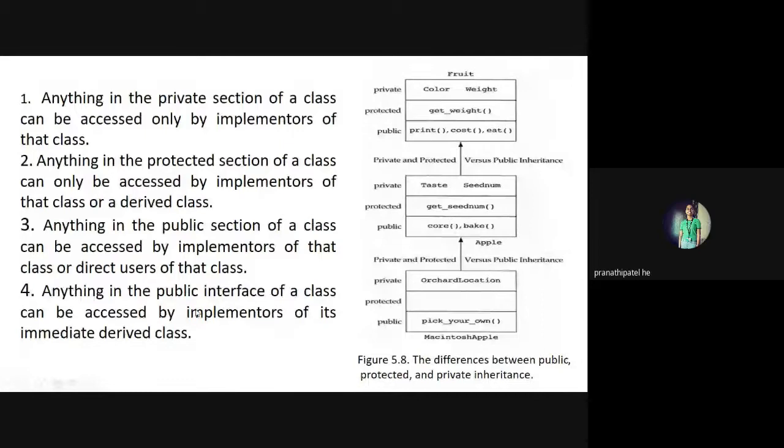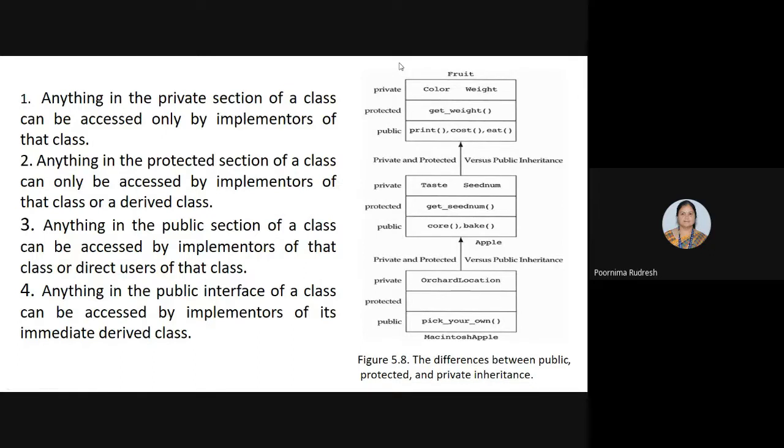Okay, next we'll move on to the third point. Third point says that anything in the public section of a class can be accessed by the implementers of that class or direct users of that class. So anything present in the public section of a class can be accessed by the implementers of that class as well as the users of that class.